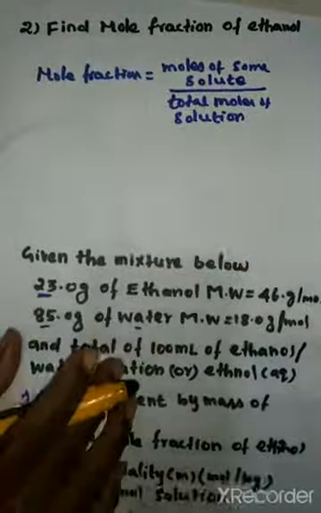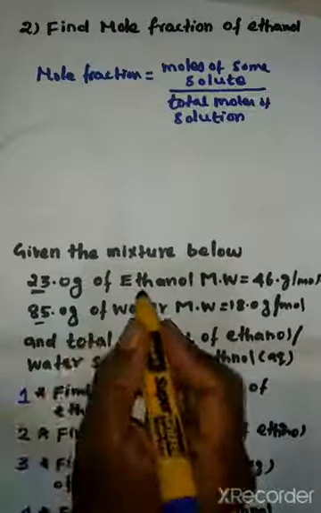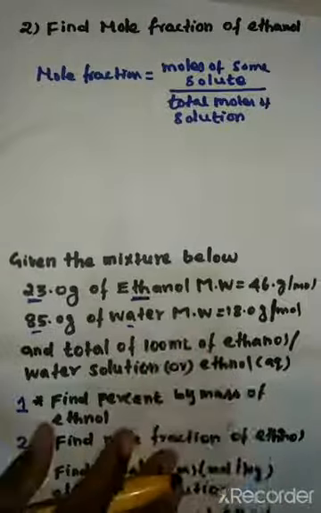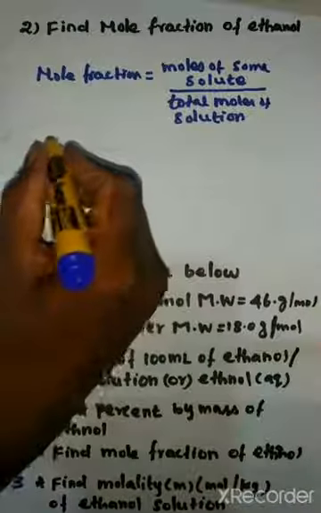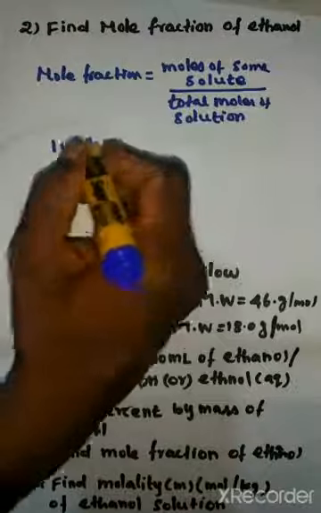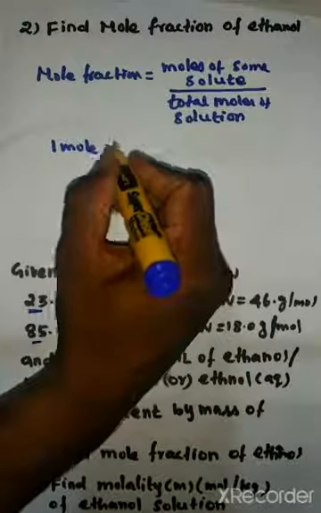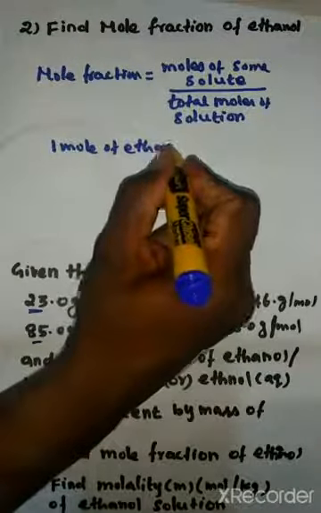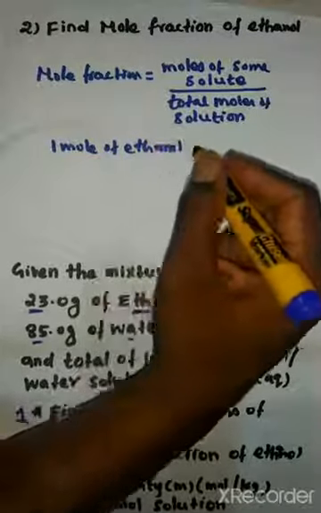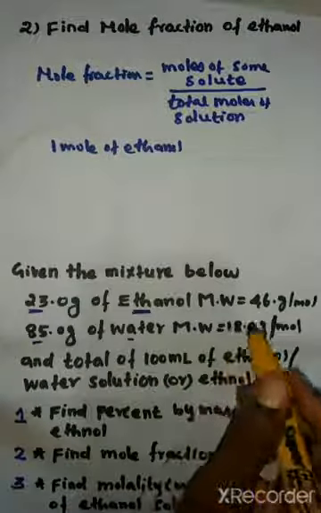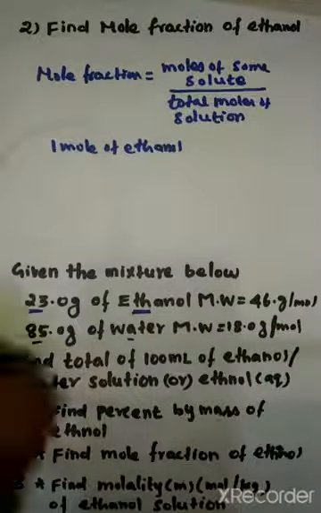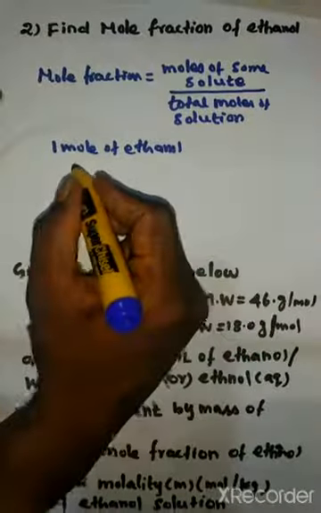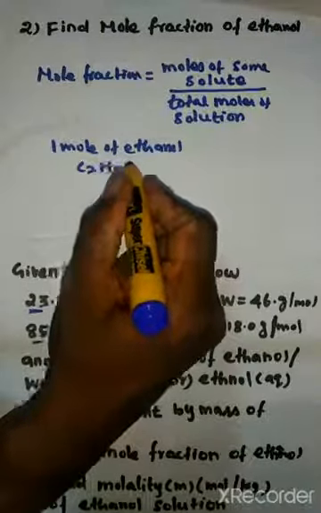In this problem, the solute is ethanol, already we saw. 1 mole of ethanol, for ethanol we know the formula C2H5OH.